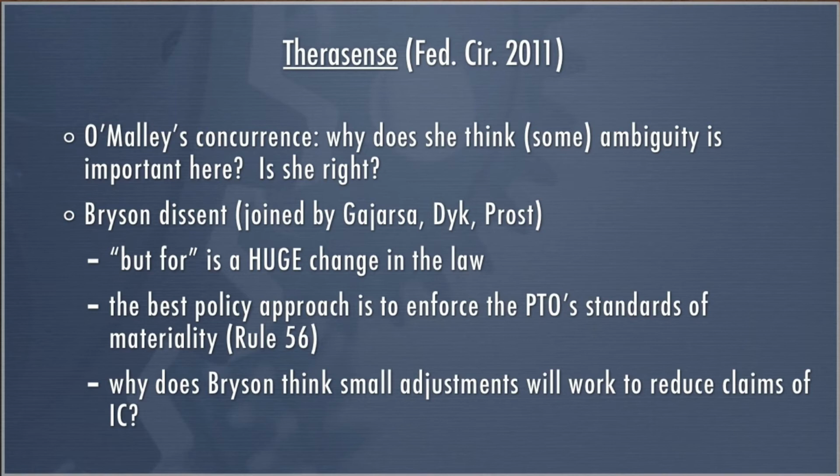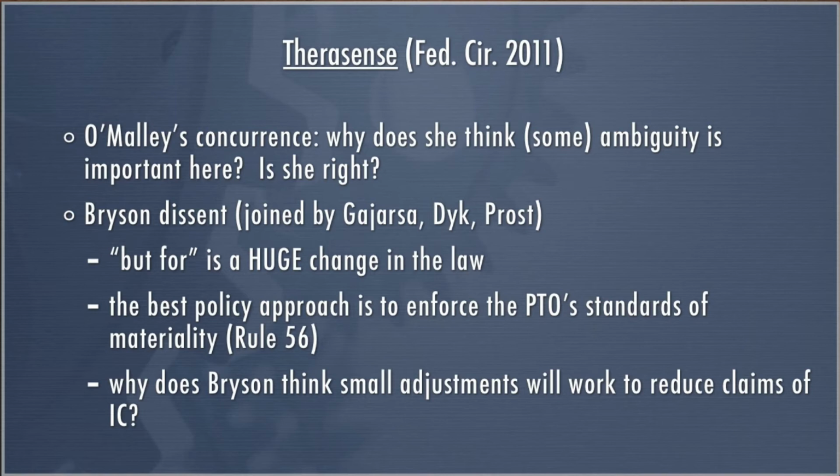Bryson dissents from this, joined by Gajarsa, Dyk, and Prost, so it's a very significant dissent. Basically they argue that this is the wrong thing to do, that this but-for materiality standard is a dramatic change in the law. It's going to essentially eviscerate inequitable conduct. Bryson says there are ways, either by raising the intent standard slightly or by tweaking some of the evidentiary rules, that you can use the PTO standards of materiality, going back to the Critikon case and Rule 56 of the PTO, where they said that what the PTO considers material are things that are important to the reasonable examiner.